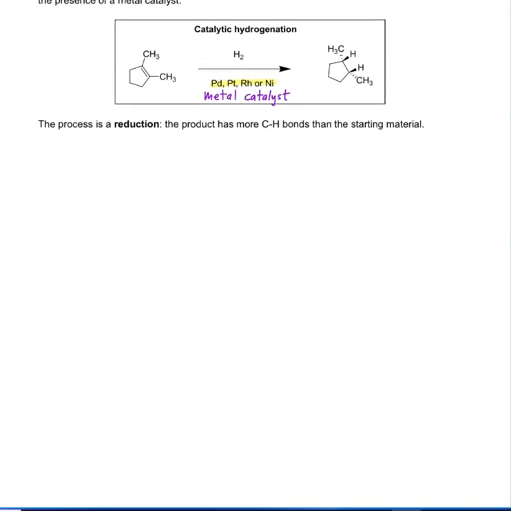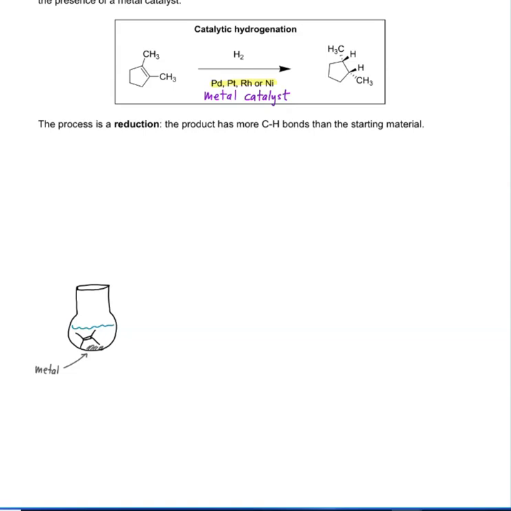Okay, so what you would do to run this on a small scale in a lab would be the following. You'll have a little round bottom flask with your solvent in it, and an alkene, and the metal. Now the metal is not going to dissolve in your solvent.